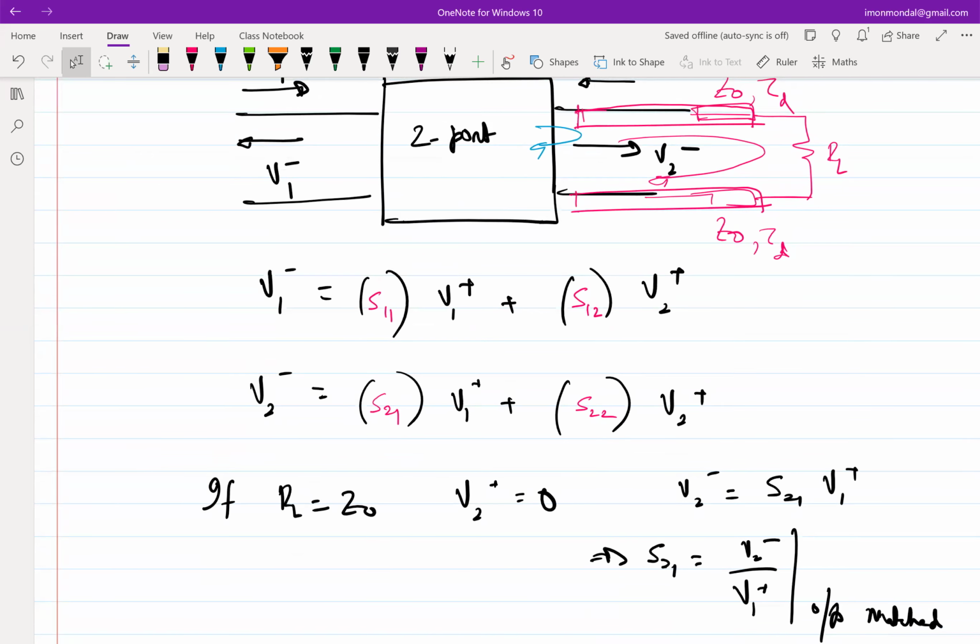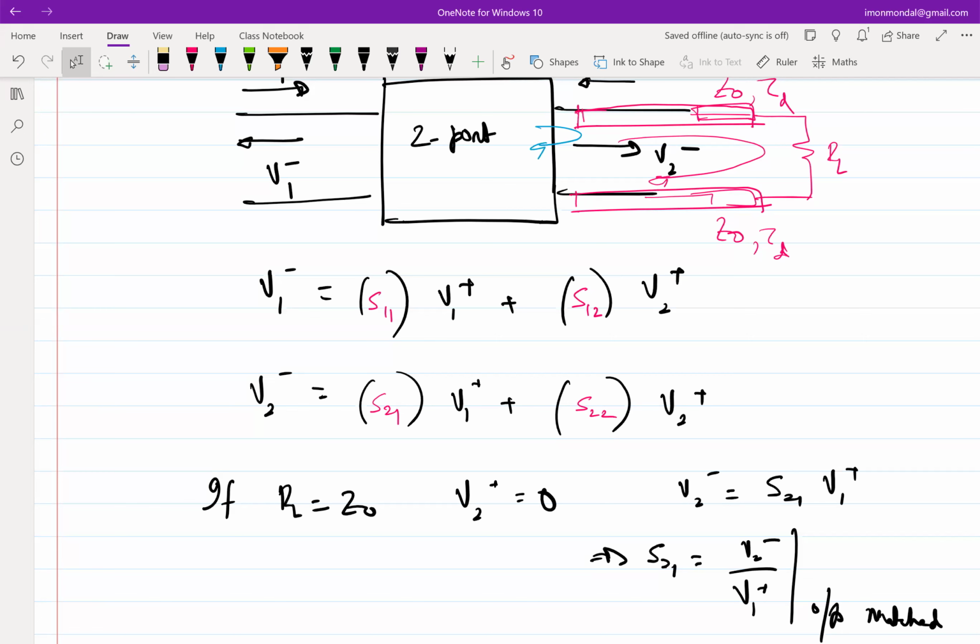This condition might not be the same for finding out S11. For example, when you are doing Z parameter analysis, at times you are opening the output port, or at times you are opening the input port, and are doing different types of analysis for each condition. Similarly, here you will sometimes match the output port, sometimes match the input port, depending upon what you want to find out.